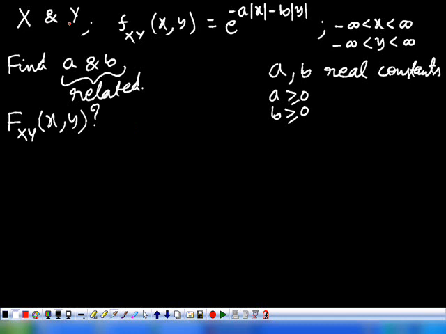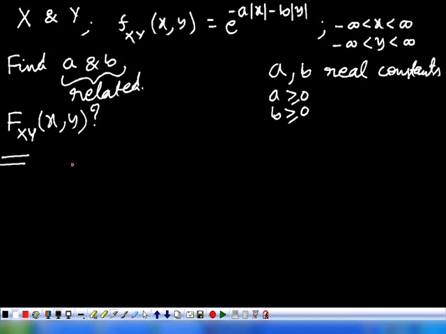Two random variables x and y are described by the joint density function fxy of x comma y equivalent to e power minus a mod x minus b mod y, from minus infinity to plus infinity and minus infinity to plus infinity. Find the relationship between a and b and then obtain fxy of x comma y.